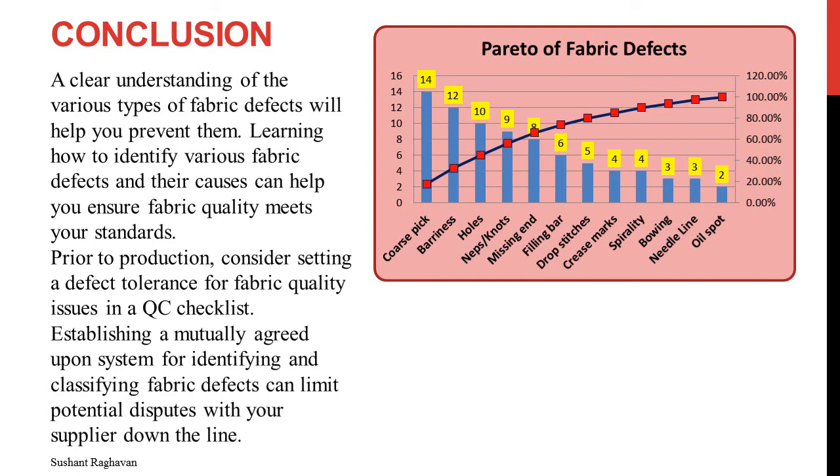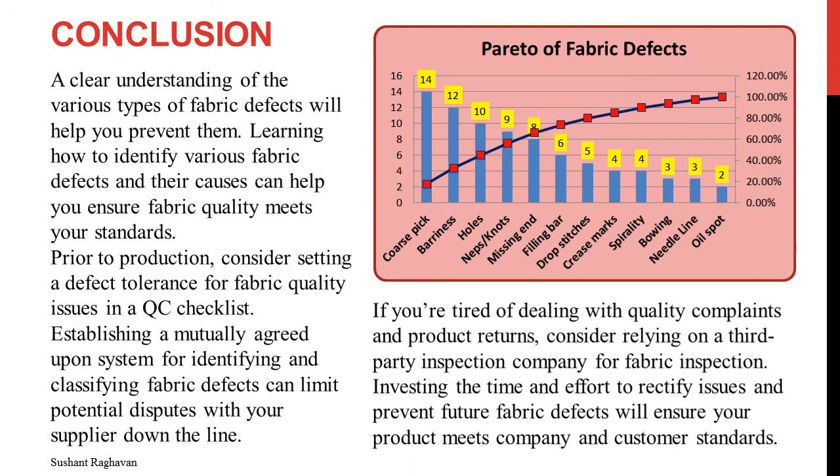Establishing a mutually agreed upon system for identifying and classifying fabric defects can limit potential disputes with your supplier down the line. If you are tired of dealing with quality complaints and product returns, consider relying on a third-party inspection company for fabric inspection. Investing the time and effort to rectify issues and prevent future fabric defects will ensure your product meets company and customer standards.